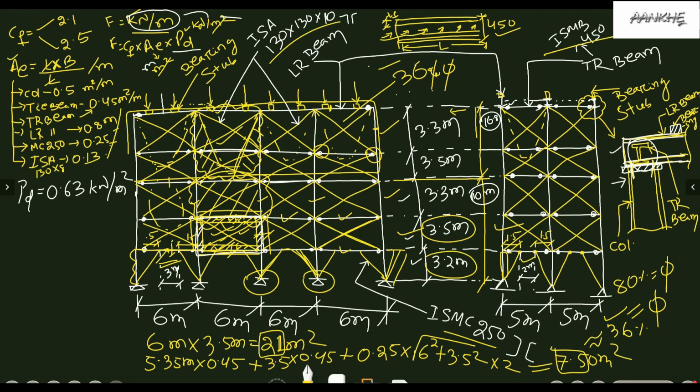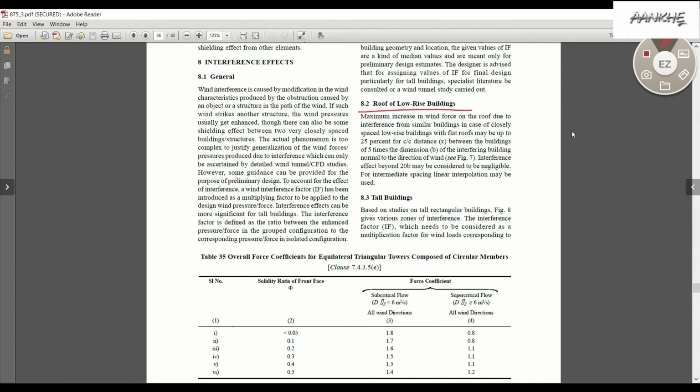You can move to clause number 8.2, where it suggests a roof of low rise building. So it suggests to increase 25%, and as compared to the other structures, 16 meter is a low rise structure for industry. Okay, I will be taking 25%.